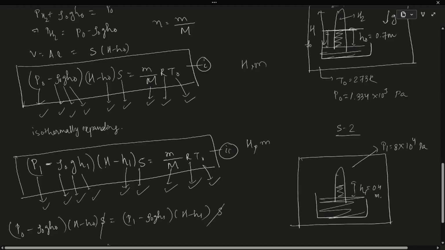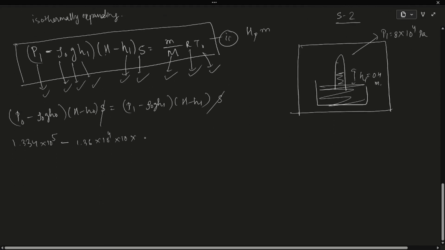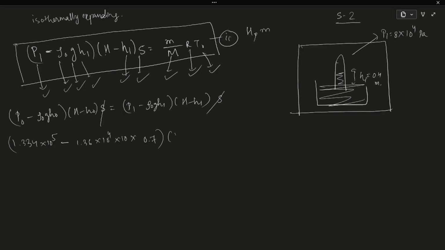H naught is 0.7 meter, into H minus 0.7. P1 is 8 into 10 to the power 4, minus density, which is the same 1.36 into 10 to the power 4, into 10. Height is 0.4.